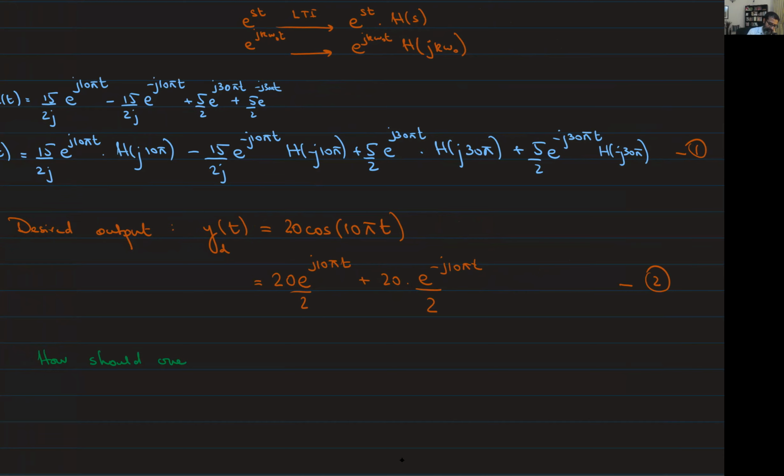For what values of h of j 10 pi, h of minus j 10 pi, h of j 30 pi, and h of minus j 30 pi is 1 equals 2?